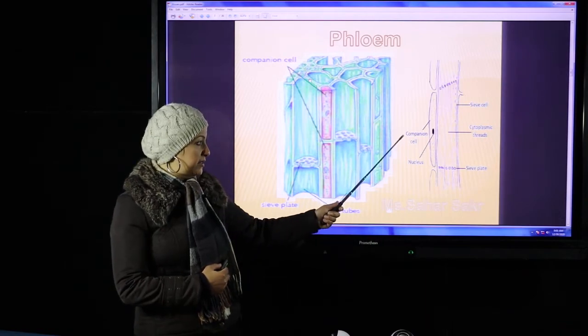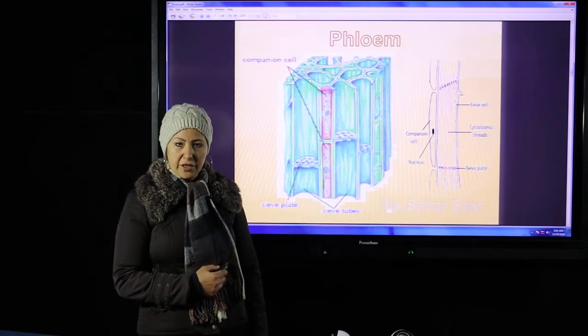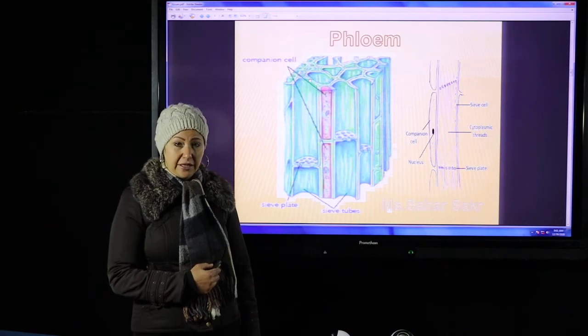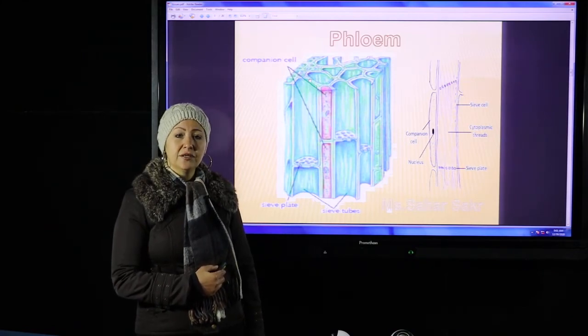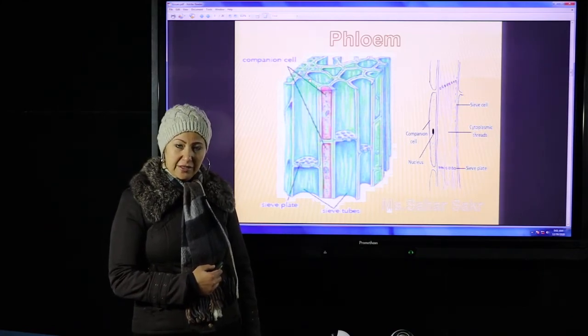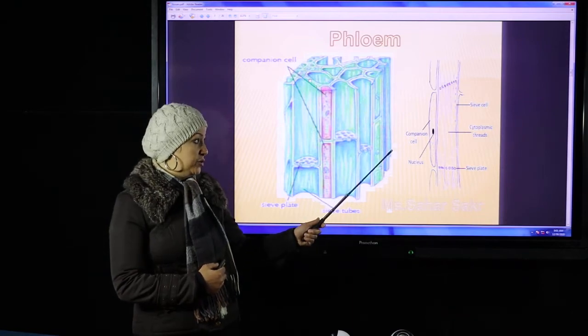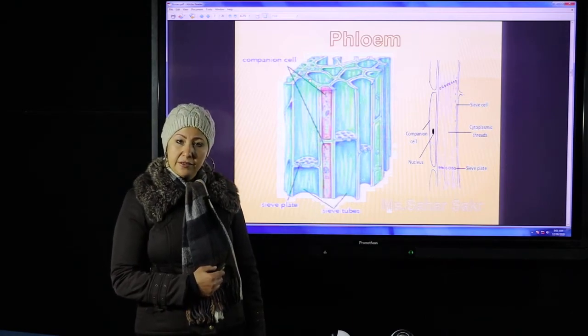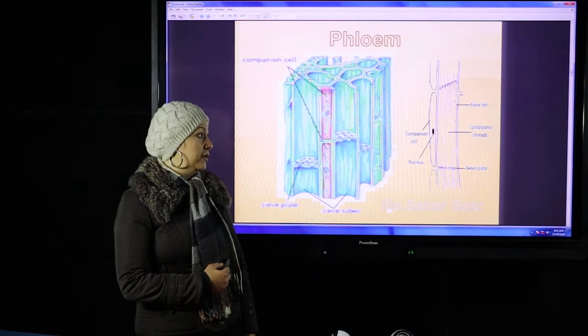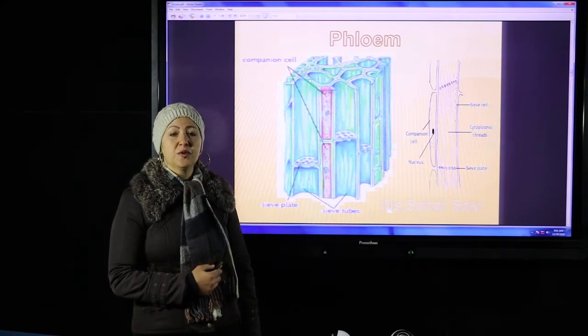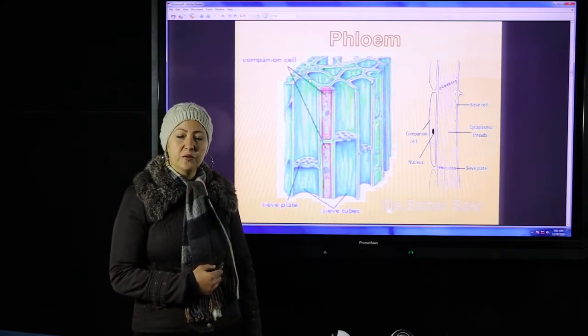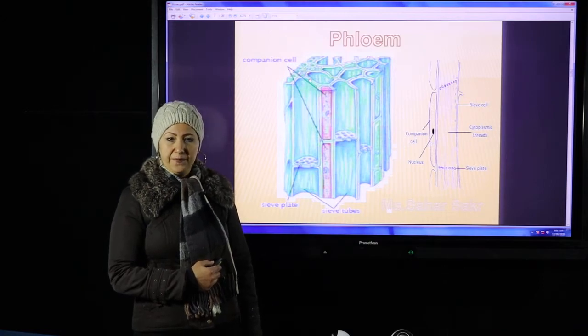And also the companion cells contain mitochondria. The mitochondria, as we said before, are centers of energy production inside the cell. So the mitochondria inside the companion cells help to produce the energy, because the passage of the food inside the sieve tube needs energy. Okay?